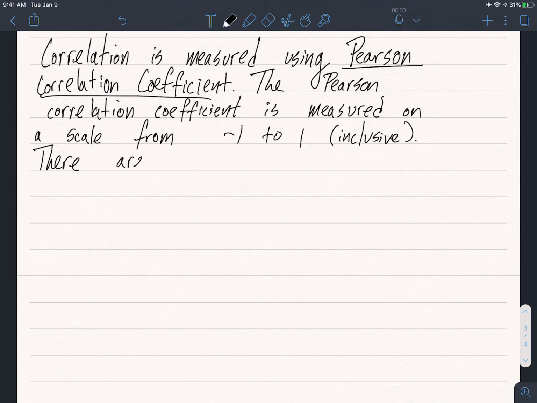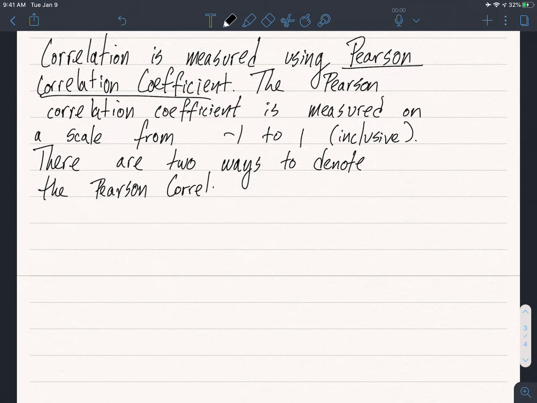There are two ways to denote the Pearson correlation coefficient.